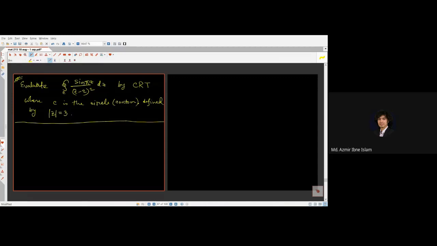And if the order is greater than 1, then we have a general formula for finding residue. The order can be defined by the power of the factor. You can see here we have z minus 2, that is the factor with power 2. So the order of the pole 2 will be 2.